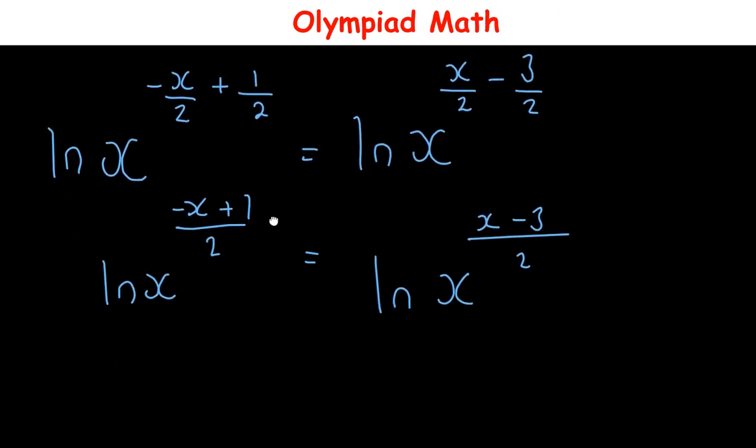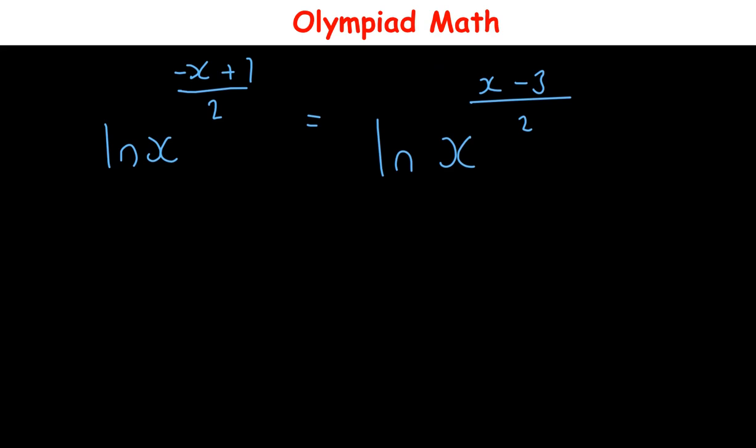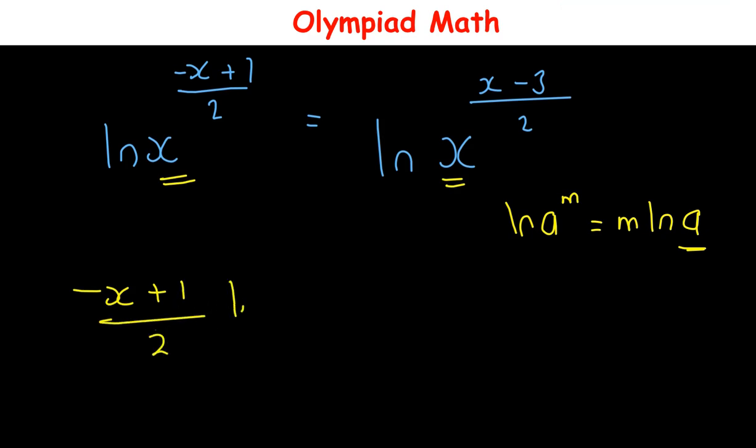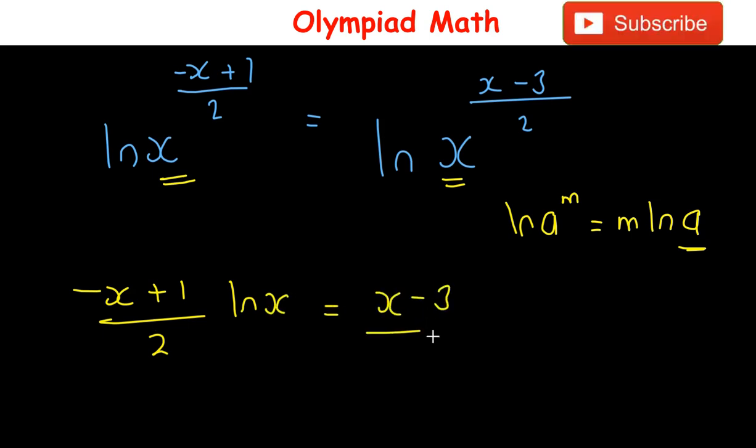So with this, following this rule of natural logarithm, that if you have ln a raised to power m, this equals m times ln a. So applying this rule here and here also, we have minus x plus 1 over 2 multiplied by ln x, and this equals x minus 3 over 2 multiplied by ln x.